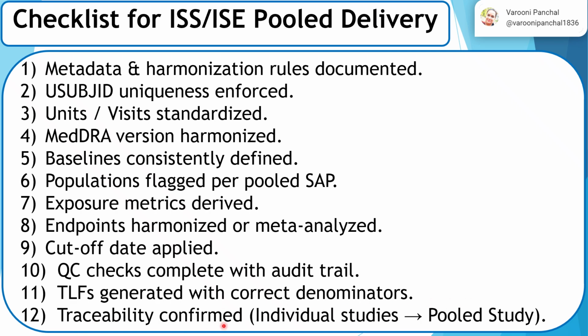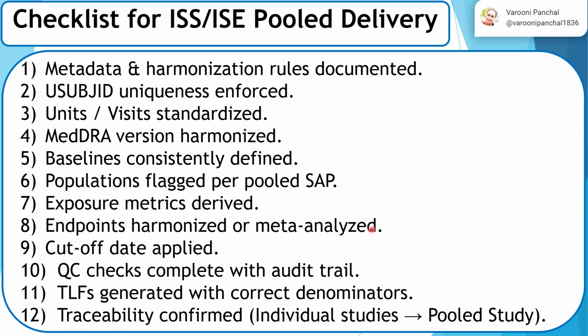Another is traceability confirmed. That means individual studies to pooled study, and this pooled study is nothing but your ISS and ISE study. So these are my 12 individual studies, right? Whatever data is present, this way or that way, everything needs to be harmonized and combined consistently, in such a way that it is transferred as a pooled study, which is called your ISS and ISE study, because the ISS and ISE study is nothing but the integration or combination of 12 individual studies.